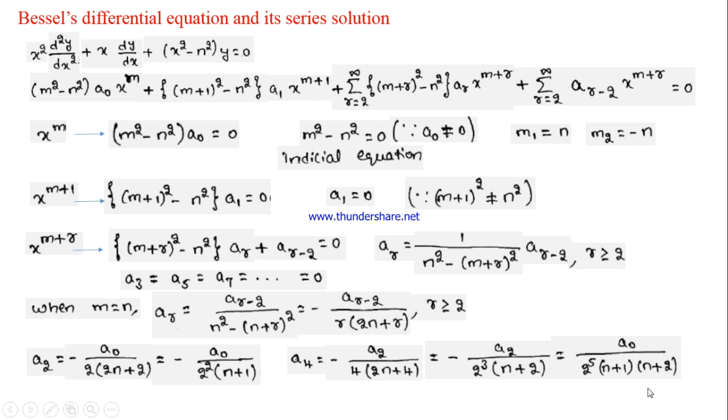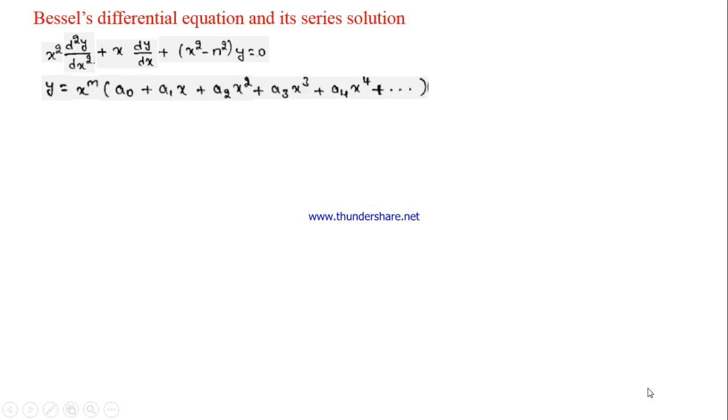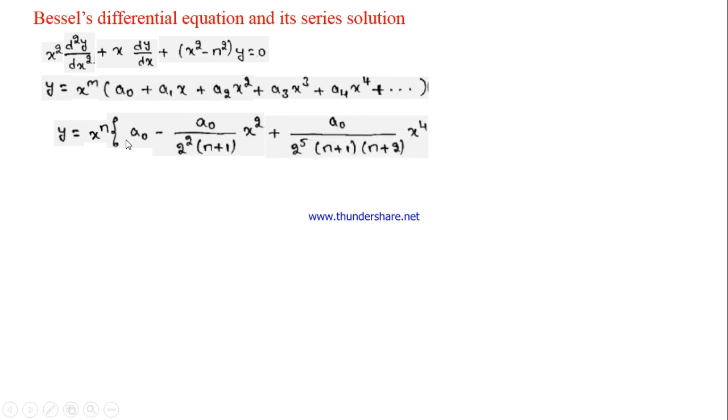And substitute all these values in our assumption y equal to x power m times this power series. Now for m equal to n, y is equal to x power n times a naught plus a1 is 0, substitute a2, and a3 is 0, substitute the value of a4, and so on.